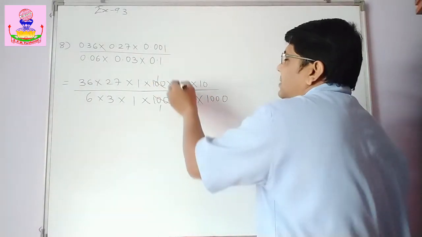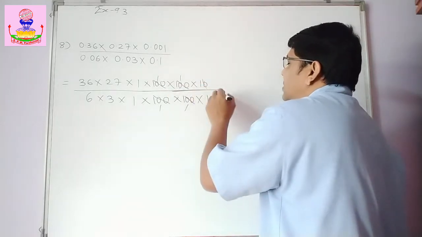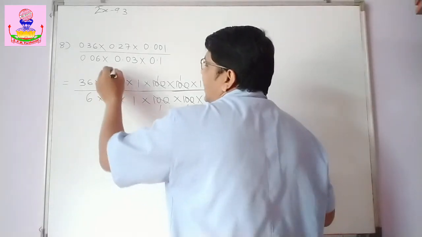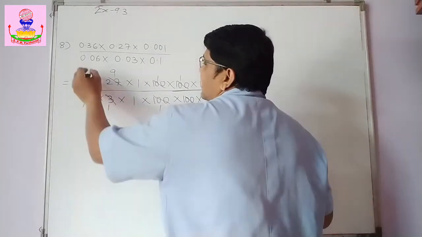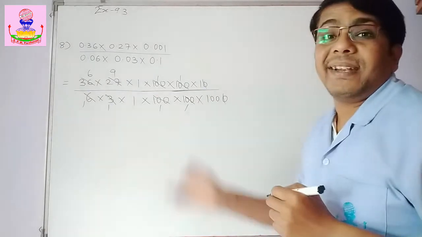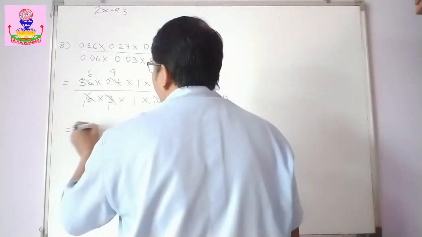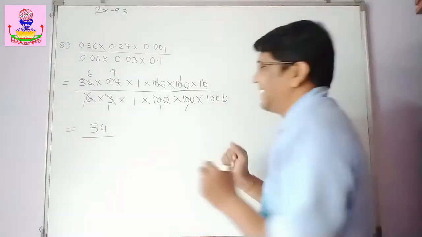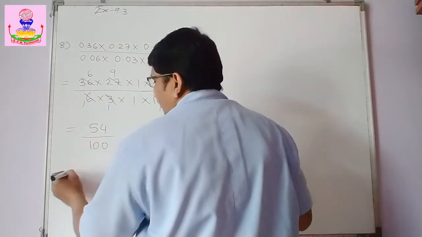So 100 ones are 100. See how it becomes easy. And 1 0 gets cancelled here. So left is 100. Now see, 3 ones are 3, 3 nines are 27, 6 ones are 6, 6 6s are 36, and 9 6s are 54. So 54 upon, what is that? Oh yes, 100.